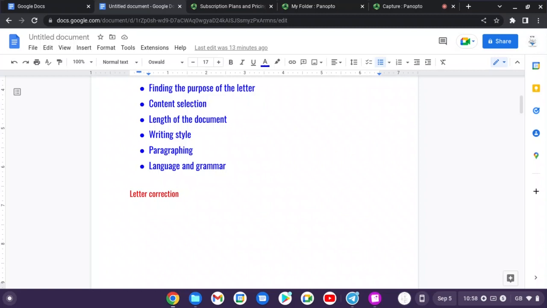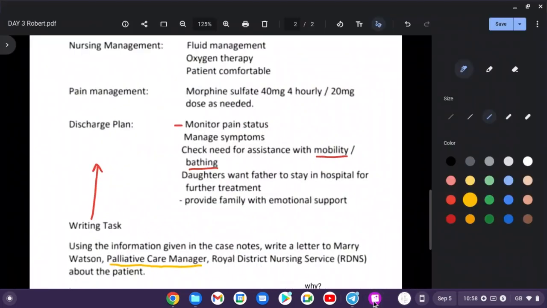Okay, so the style of writing, whether it is formal or semi-formal, depends on what content you are going to select. And again, paragraphing, that is how you're organizing your letter, is entirely dependent on your content selection. So you have to do all this in one, because that is the easiest way.